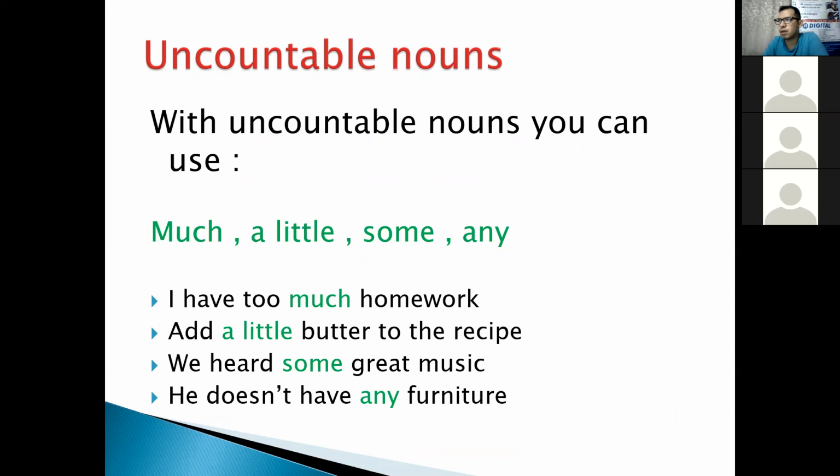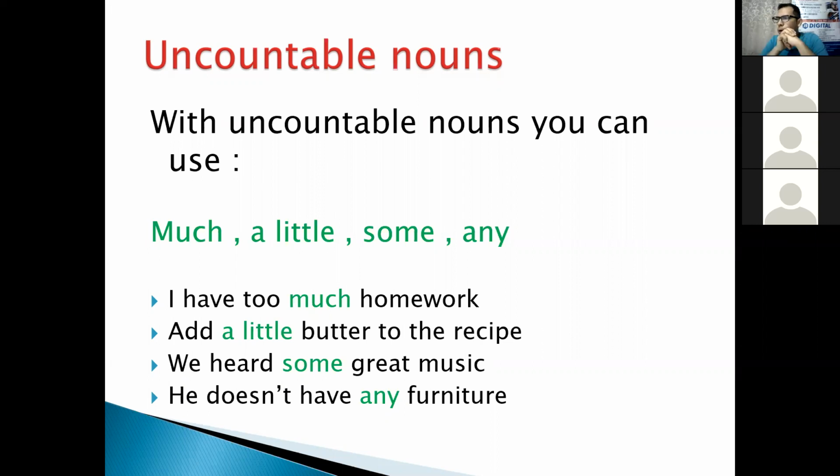Okay, now let's look at the examples. I have too much homework. Add a little butter to the recipe.